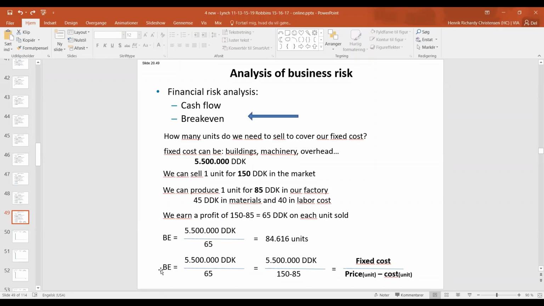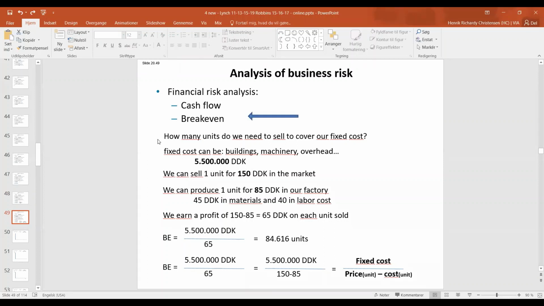The general equation for break-even is fixed cost divided by price per unit minus cost per unit. So the whole idea is, how many units do we need to sell to cover our fixed cost?